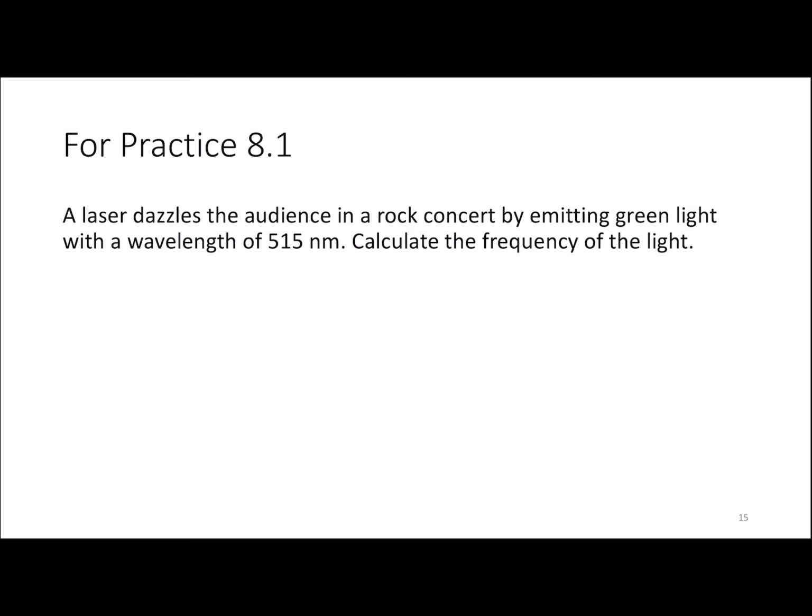So let's look at an example. We have a laser in a rock concert that emits green light and has a wavelength of 515 nanometers. We're going to calculate the frequency of the light. Again, we'll use the equation nu equals c over lambda. Now c is my speed of light, so that's 3.00 times 10 to the 8 meters per second.